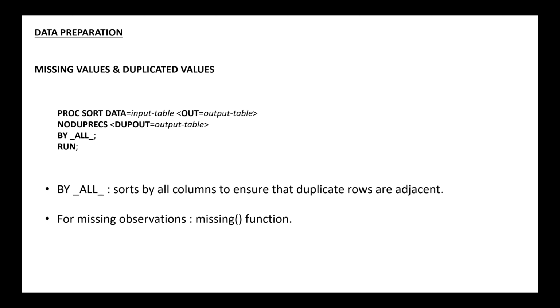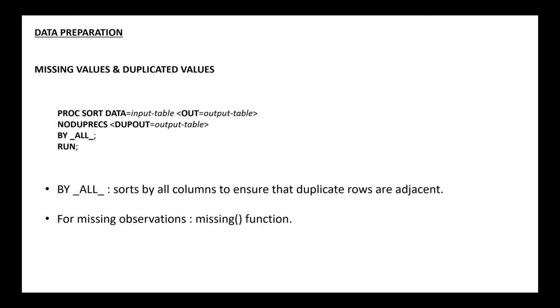To deal with missing observations in SAS, we are simply going to demonstrate how we can use a missing function. However, if we have duplicated values in SAS, we can use a sort.